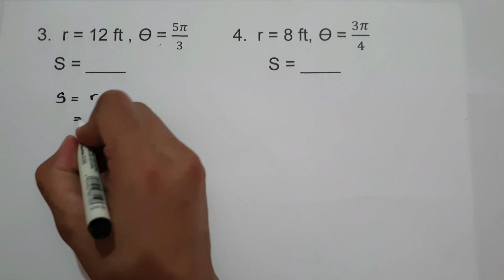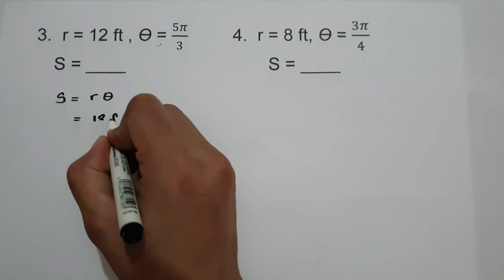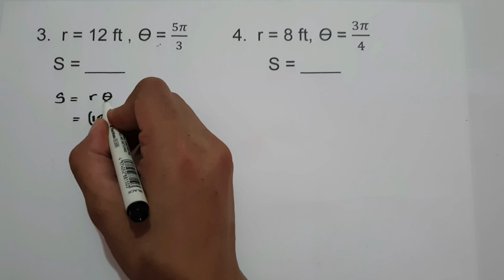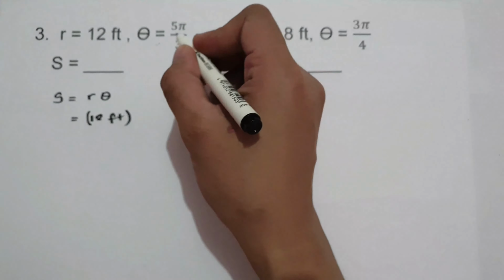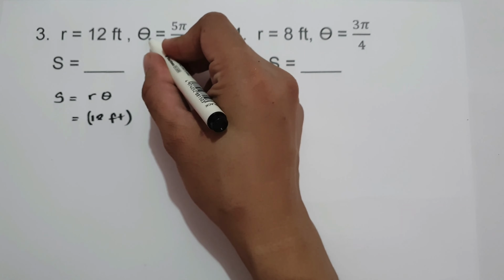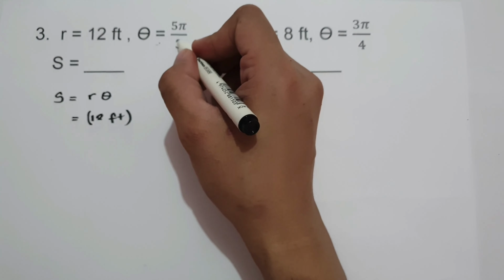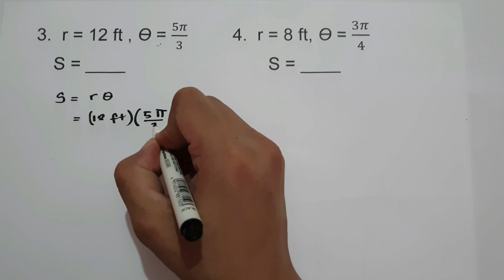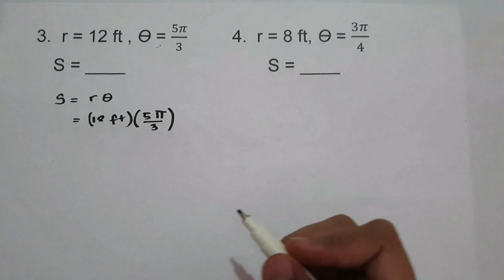So the radius is 12 feet times the central angle. No need to convert radians to degrees because the given central angle is already in radians. That is 5 pi over 3.